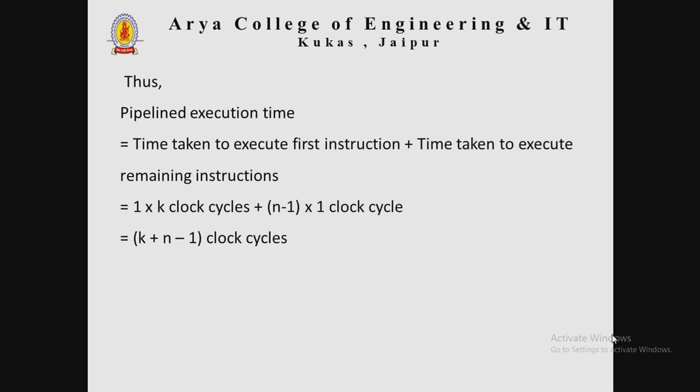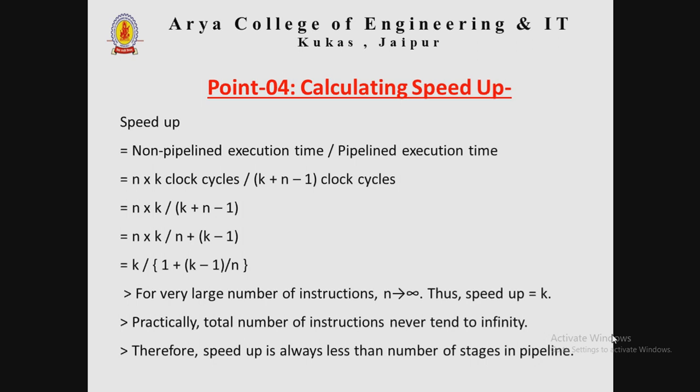We move to the next point, calculating the speed up. It is simply the non-pipeline execution time divided by the pipeline execution time, equal to n into k clock cycles divided by k plus n minus 1 clock cycles. When we simplify n into k divided by k plus n minus 1, we get the final result: k divided by the bracket 1 plus (k minus 1) divided by n.